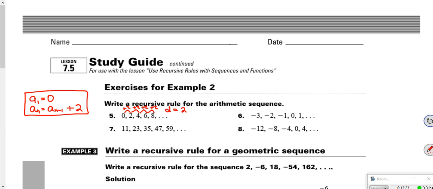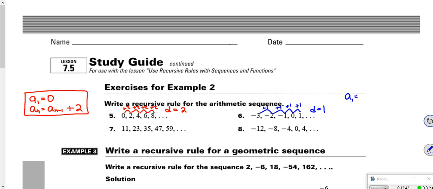Okay, general rule. Number 6, how am I getting from one to the next? It looks like I'm adding 1, plus 1, plus 1, plus 1. So my D is 1. Again, I've got to have 2 things.